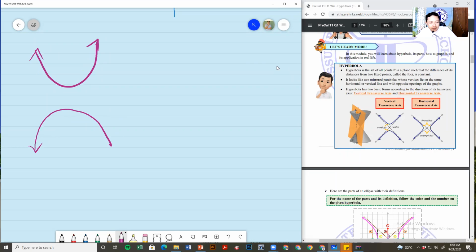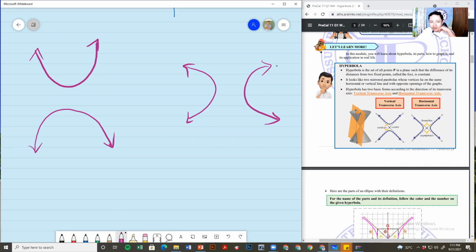There. And we also have this. Okay, these are just representations. Don't mind the perfect image for this. So this is what we call the vertical transverse axis.